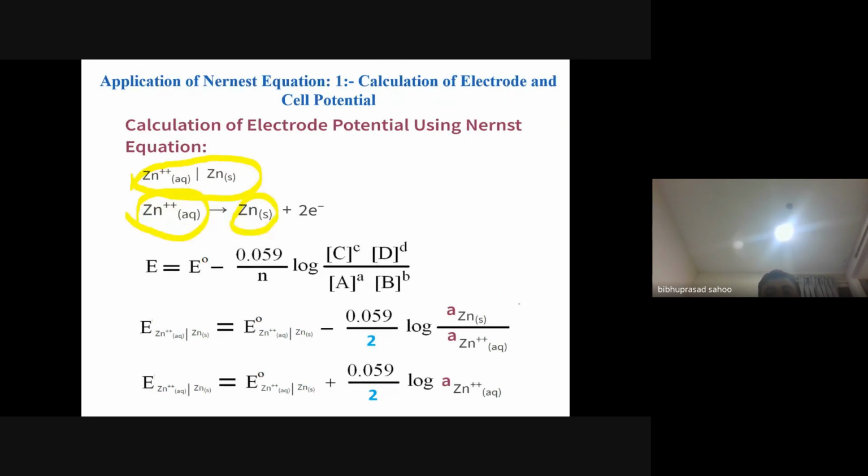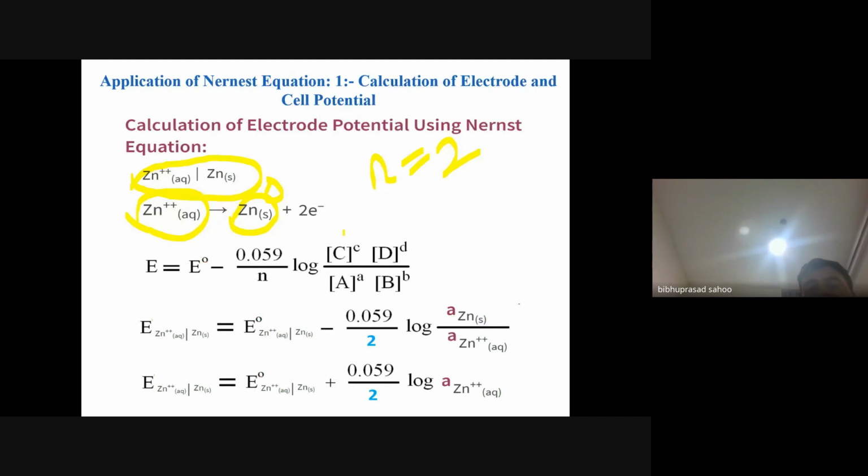The oxidation state is 0 here. So applying Nernst, n is equal to 2. E is equal to E naught minus 0.059 by n log concentration of C, D, whatever. Here the ionic species is in the reactant side, and in the product side no one is there.